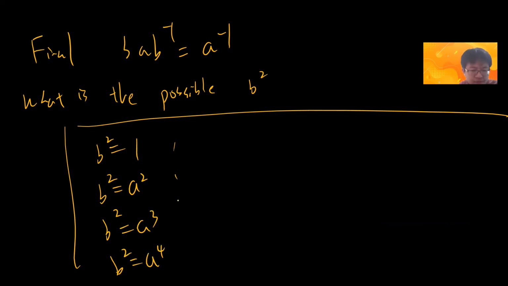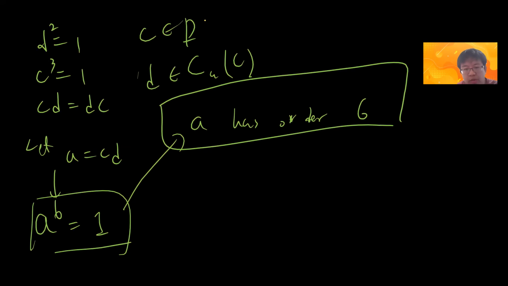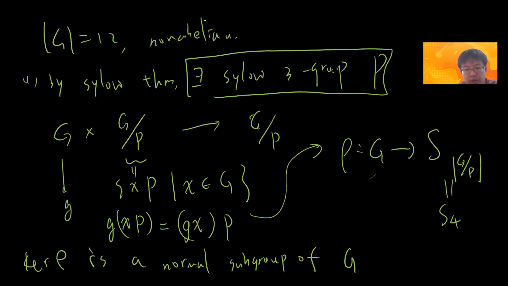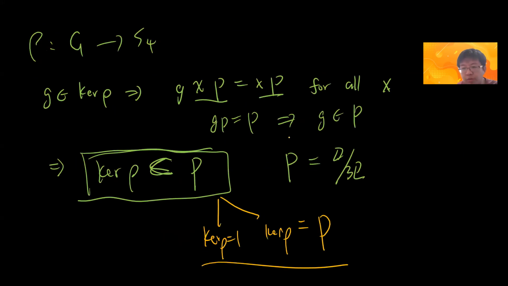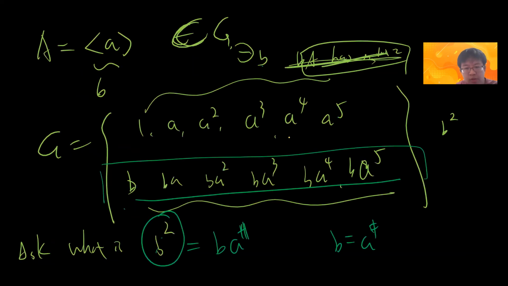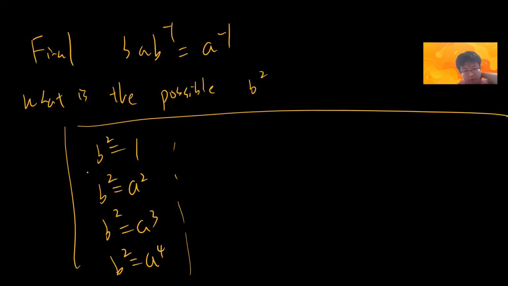Okay, so these are guys that may be possible, right? By the previous table results, we know that the only possible cases are B squared equals 1 and B squared equals A cubed. So let's see what's going on. Okay, so only these two are possible.